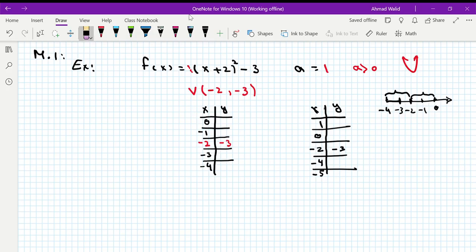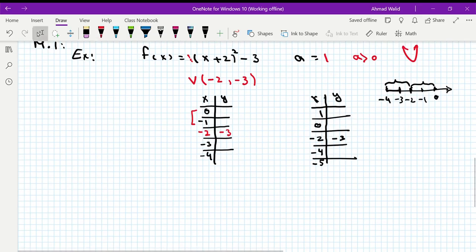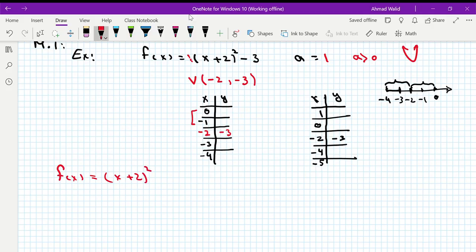Now, plug in only these two values, only these two, to your function. You don't need to plug all 4. Plug in only 2 of them. Look, your function is f of x equals (x plus 2) squared minus 3. Actually, I'm looking now for f of 0, right?